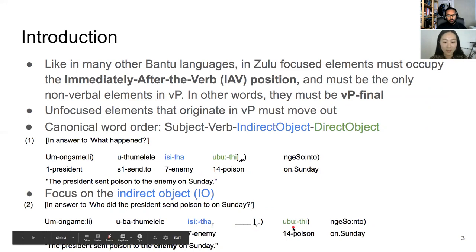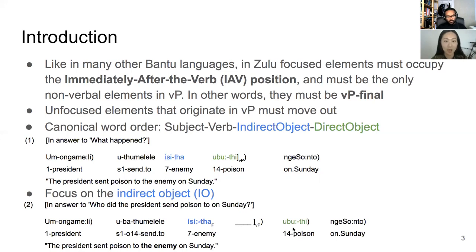And this is indicated by an object marker on the verb, which agrees in class with the displaced direct object. Also, every parenthesis in these examples indicates a prosodic phrase. And at the end of every prosodic phrase, we have penultimate vowel lengthening. So notice here that ubuti gets penultimate vowel lengthening as its penultimate vowel is long.